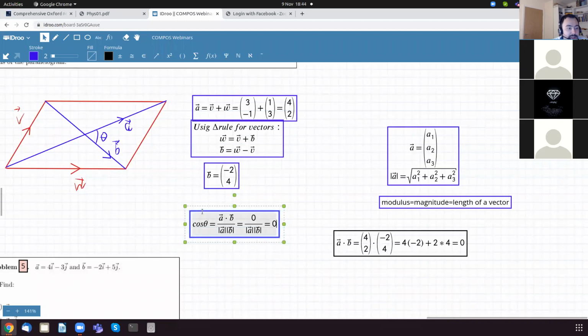And if cosine theta is 0, that means theta is 90 degrees, because cosine theta is 0.